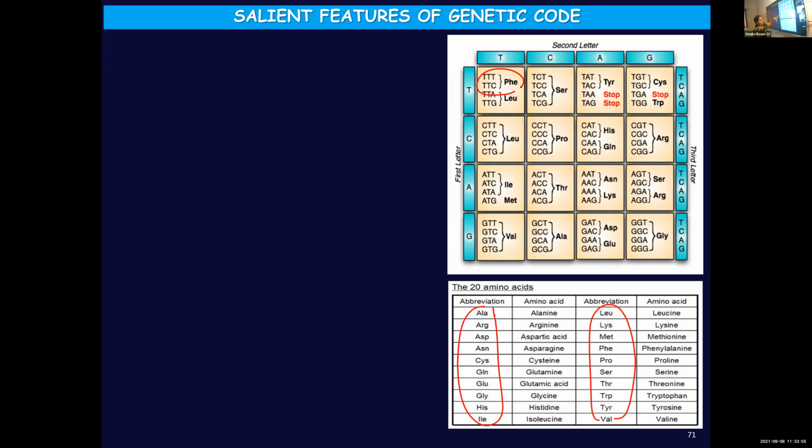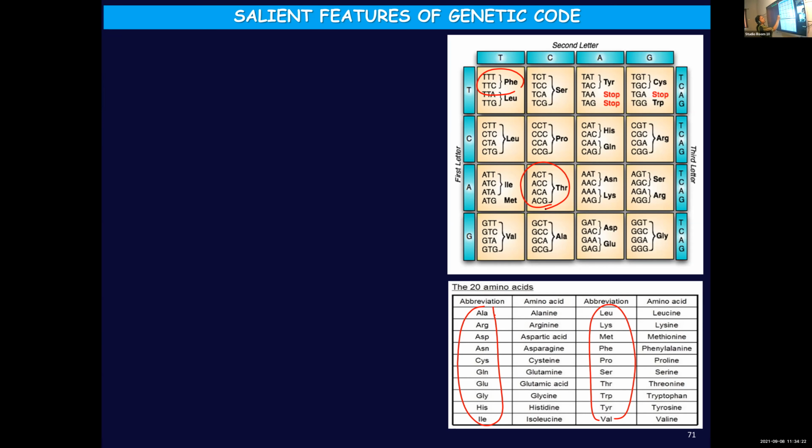What you understand from this is that for each amino acid there is not just one codon. There are several codons. For threonine, 4 codons are there. So for each amino acid, more than one codon is present, and for some just one.